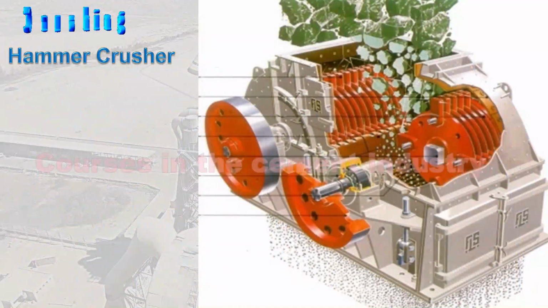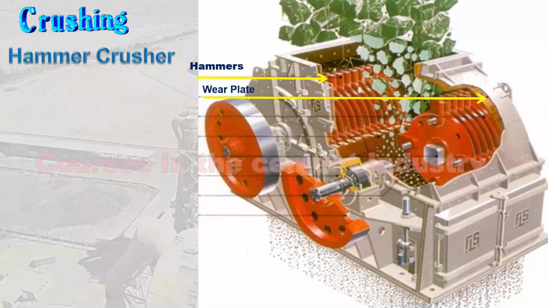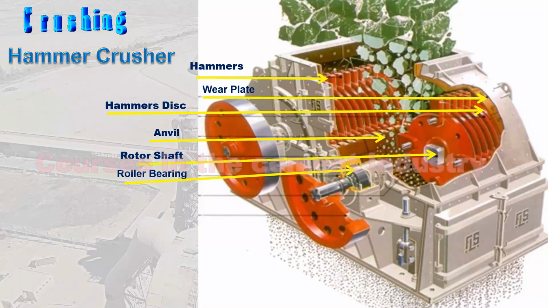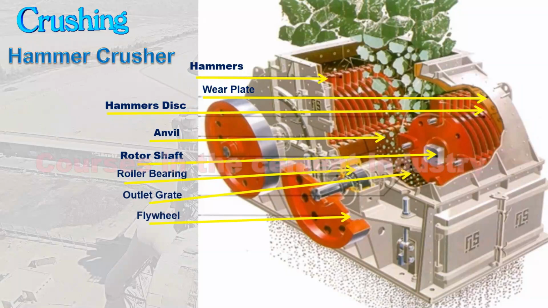1. Hammers. 2. Wear plate. 3. Hammer's disc. 4. Anvil. 5. Rotor shaft. 6. Roller bearing. 7. Outlet grate. 8. Flywheel.